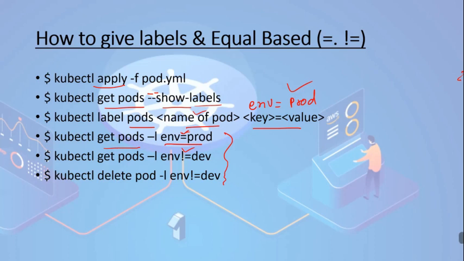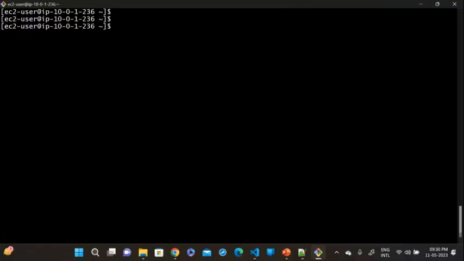Now if you want to find where the dev label is not present, the command is kubectl get pods -l, where -l means label, env!=dev. It will show where the dev environment is not present. It will show all the nodes. Let's do the demo. Now I am in my kubectl server.